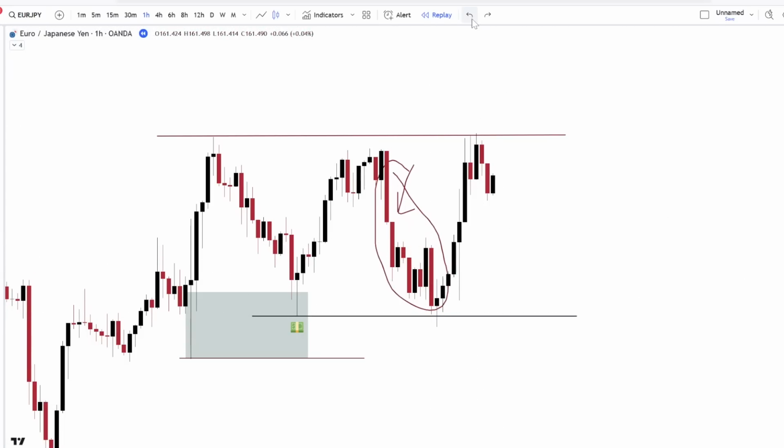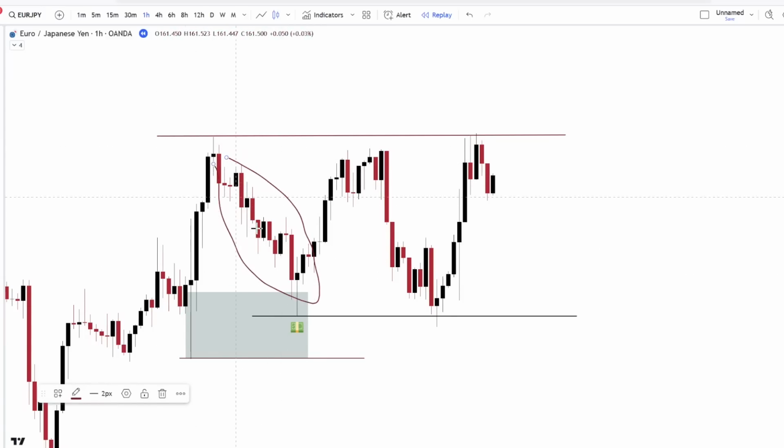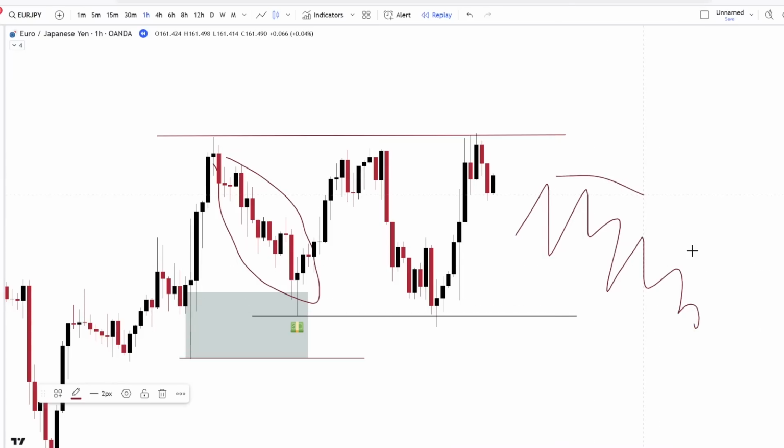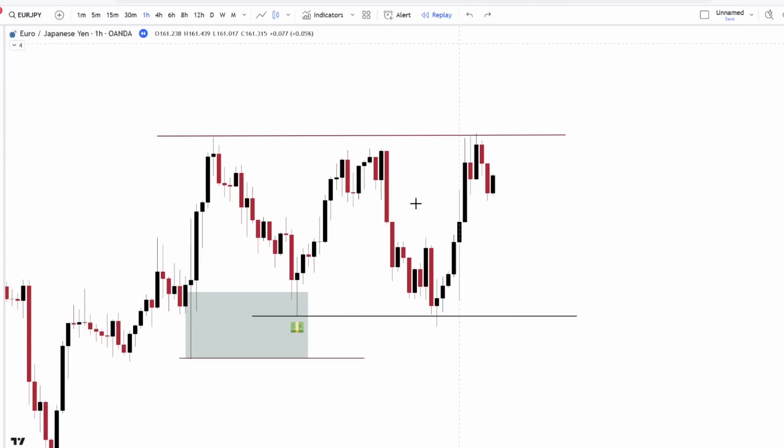And if you look at previous bearish moves, look how price struggled in this area to come down. Price had to move in this fashion, had to move in a micro supply and demand structure. But in this case, price just quickly dropped, and it mirrors the bullish runs.